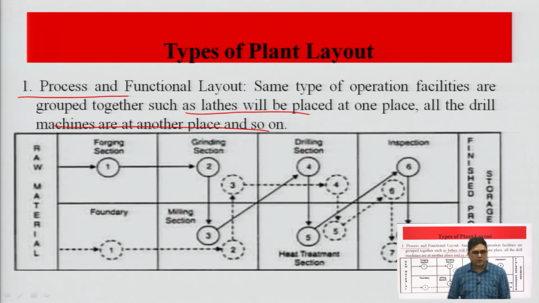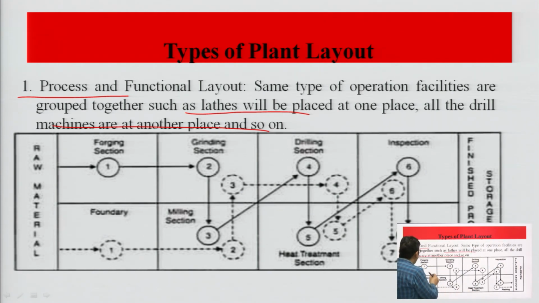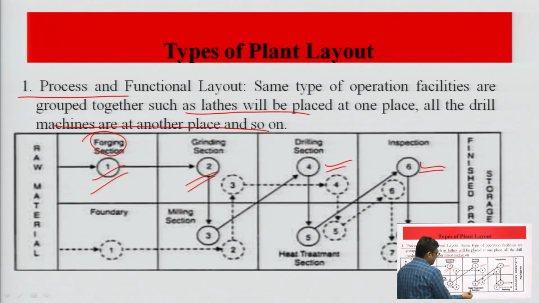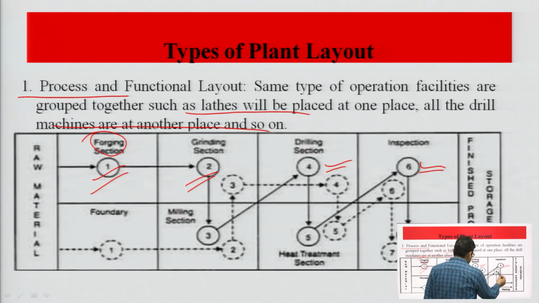See in this diagram, all forging section activities are taking place at location 1, grinding activities at location 2, drilling at location 3, inspection at location 5, and then the rest of the activities at 6, then 7, packing, and then it goes into the storage house.